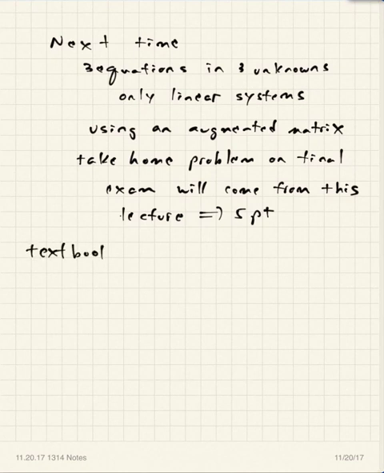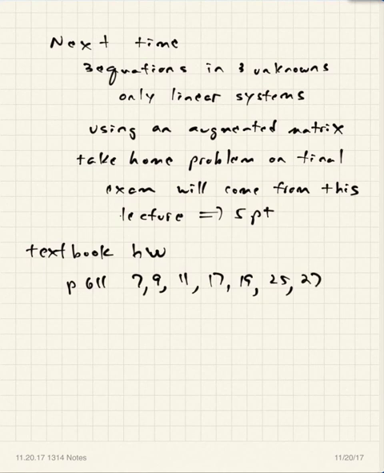So the textbook homework on this section we just covered on nonlinear systems is on page 611, and on that page I would look at problems 7, 9, 11, 17, 19, and then finally 25, 27, 29, and 31.